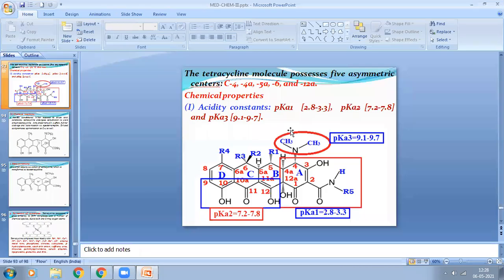The pK is related with the hydrogen ion and the OH minus ion. Both are related with the negative logarithm value of the hydrogen ion as well as the hydroxyl ion. So it mainly denotes the strength of an acid or the strength of a base in case of a conjugated acid-base pair.